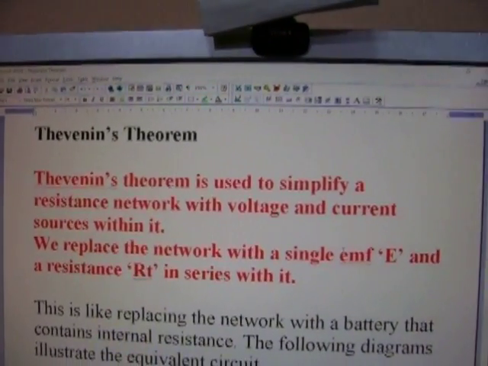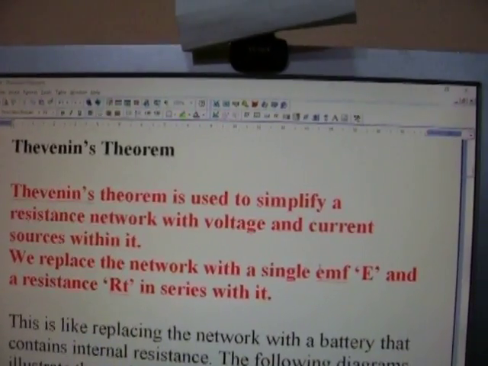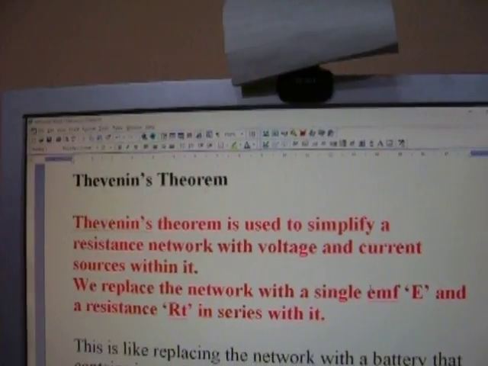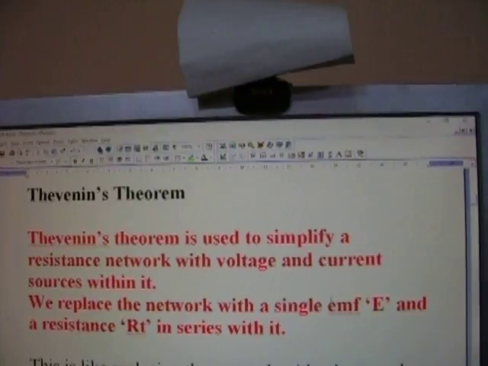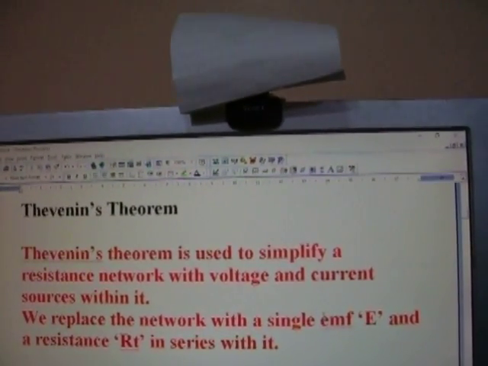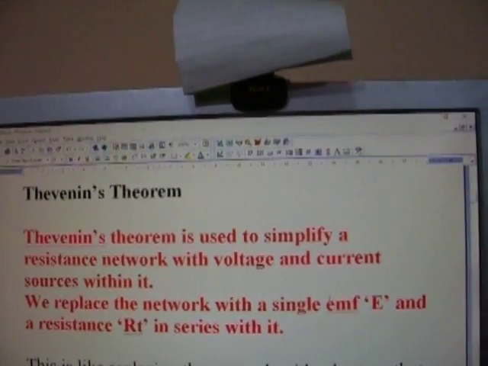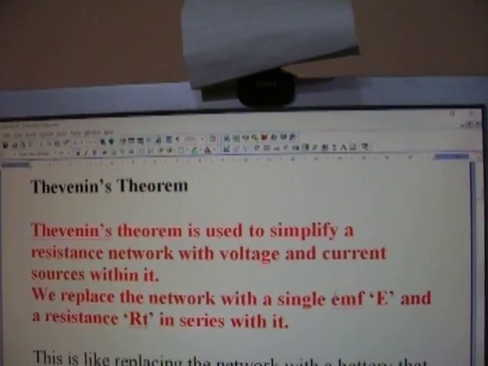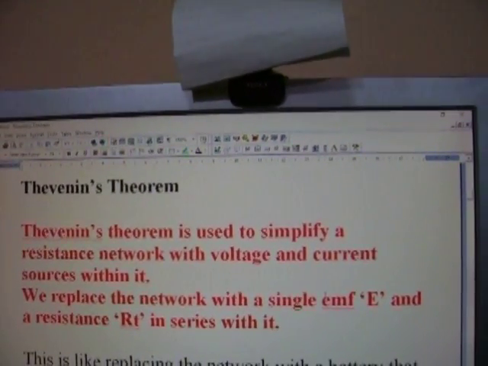Now Thevenin's theorem is used to simplify a resistance network with voltage and current sources within it. We replace the network with a single EMF, E, and a resistance RT in series with it.